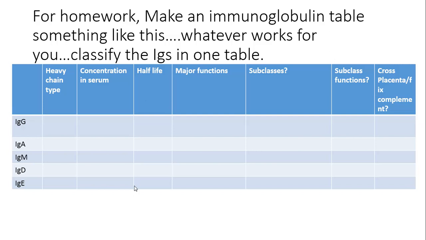I've seen these done in all different ways, and other people have added other categories that were important to them. So remember, this is a study tool for you to have really a big picture of all of the immunoglobulins in one table, something that works for you. Remember, make a copy of that for me. Don't give me your original. That's going to be a study tool for you.